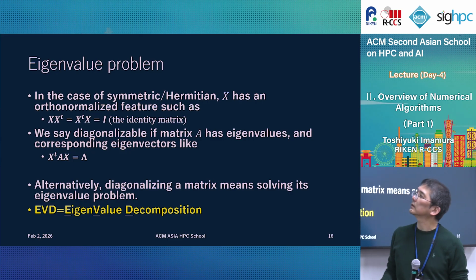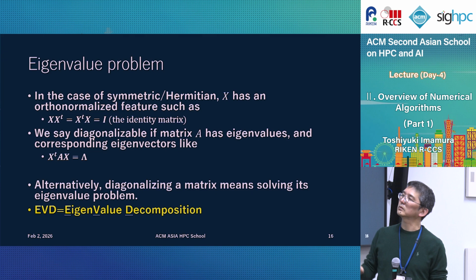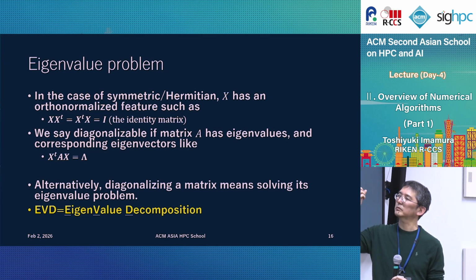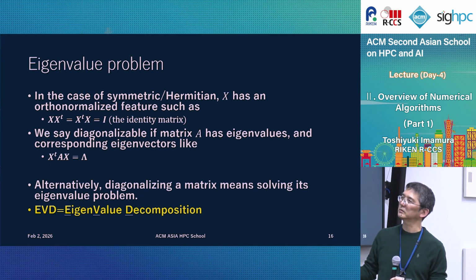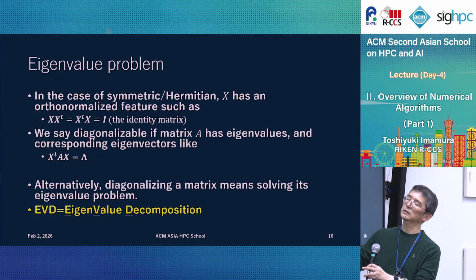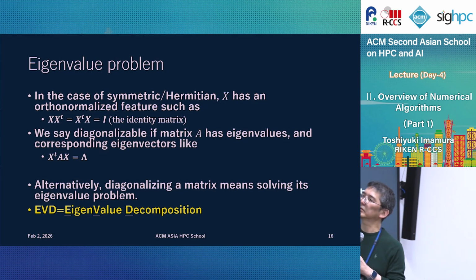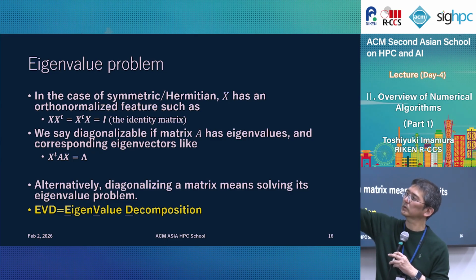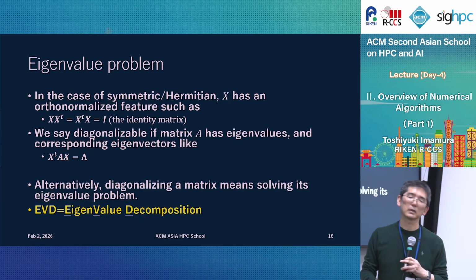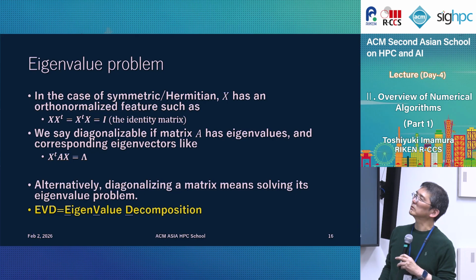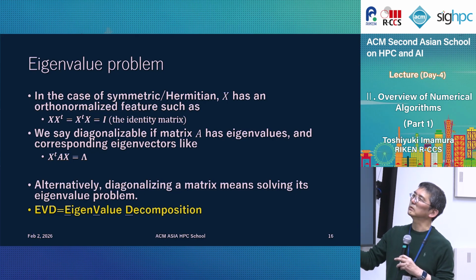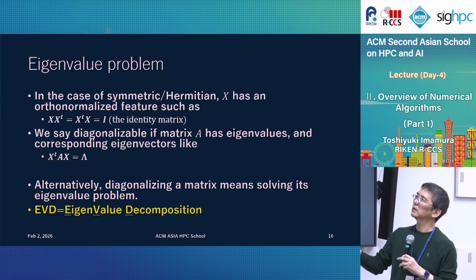So we compute the capital X and capital Lambda and multiply X and X transpose from the left and right of the matrix. So we eventually obtain the diagonal matrix. This operation is called the diagonalization of the matrix A.